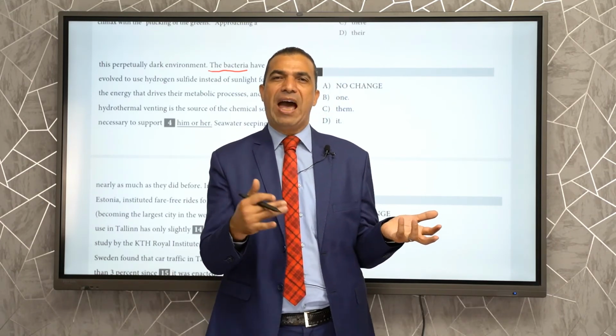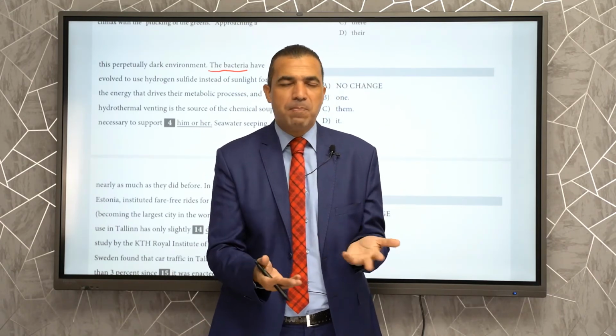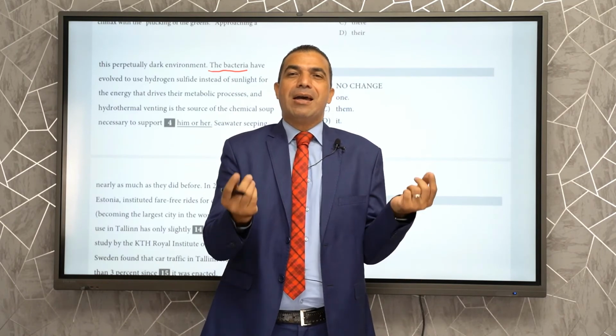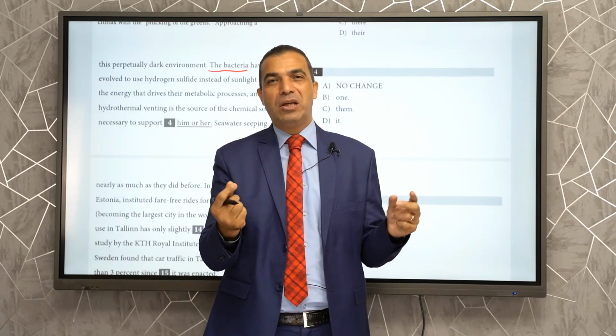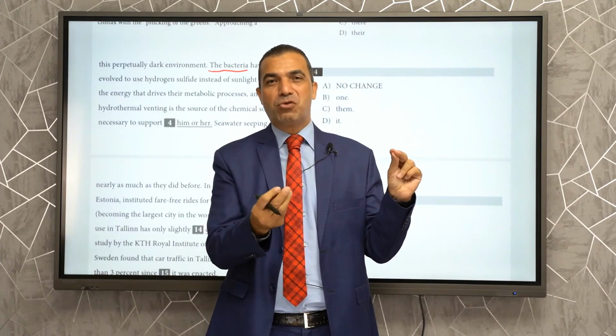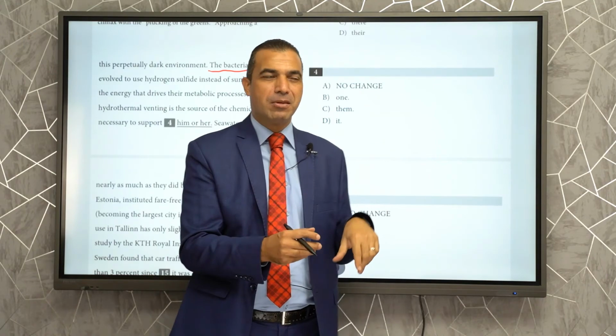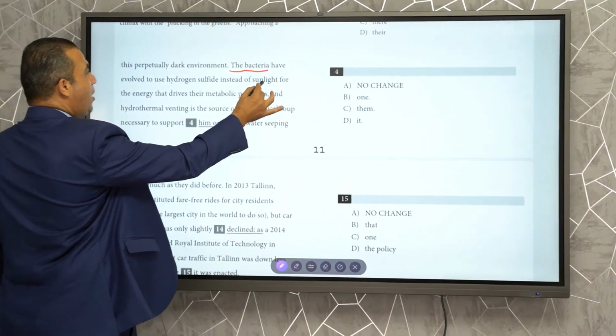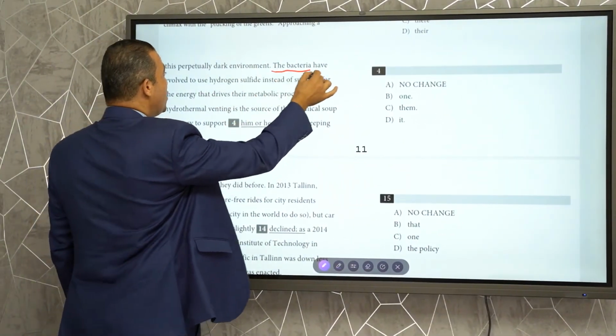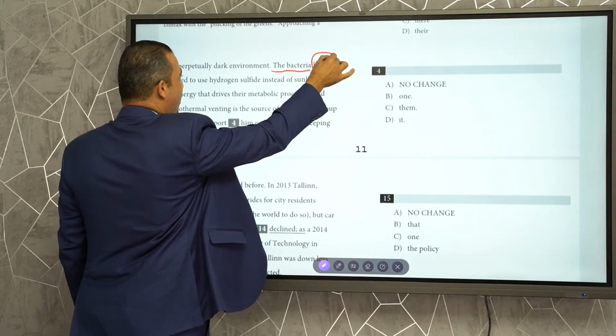I'm sorry. So in order to see the answer on such a tricky question, do I have to study Latin before coming to the exam? Of course not. If you need to see whether bacteria is a singular noun or a plural noun, you have to see the verb and the pronouns related to the sentence. So let's read it again. The bacteria have.